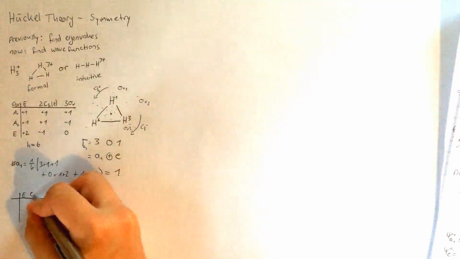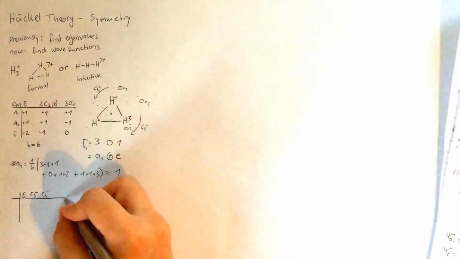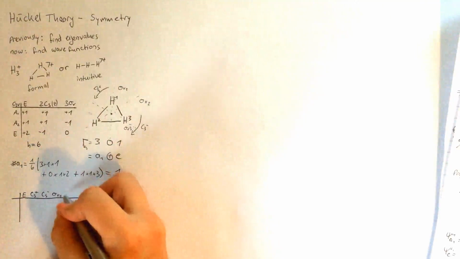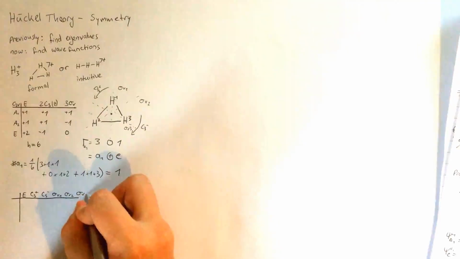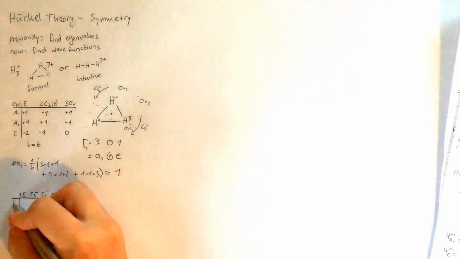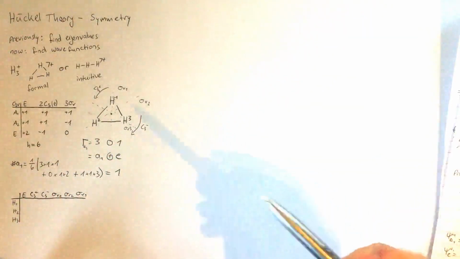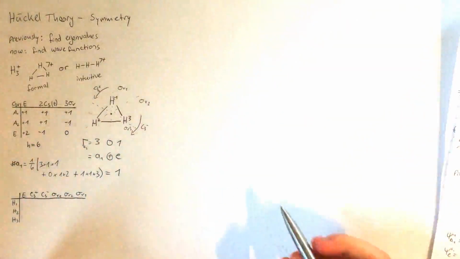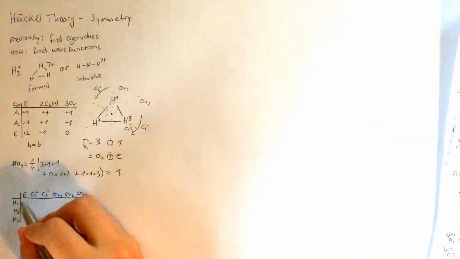So what I do, I'll write in the table each of the operations, sigma V1, sigma V2, and sigma V3, and here I'll write H1, H2, and H3. And now we need to go through each of the operations and see what happens to, for example, H1. If we apply the identity, nothing changes, so H1, H2, and H3 stay how they are.